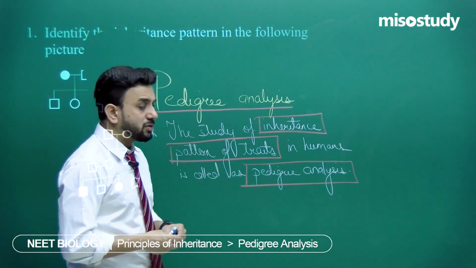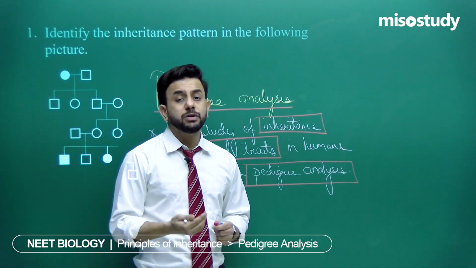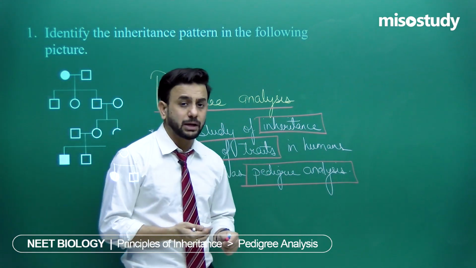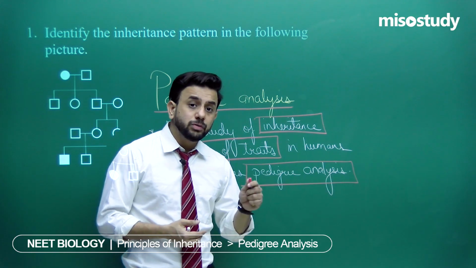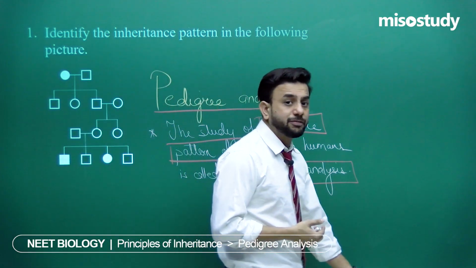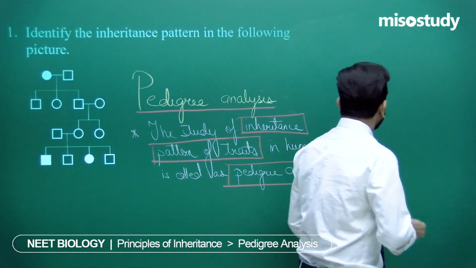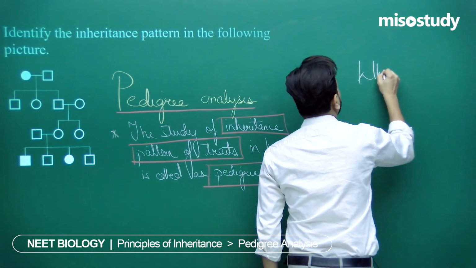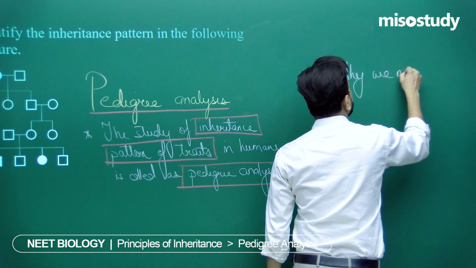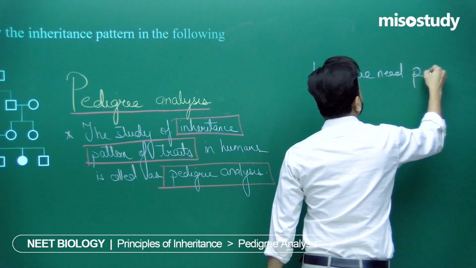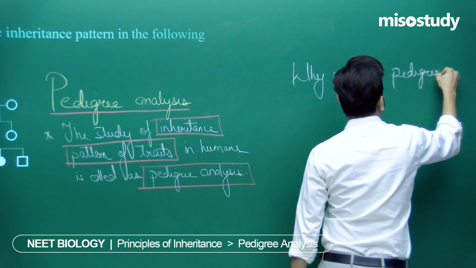What else? Why do we need to study human traits in such a systematic manner? Why do we need this? Come back, we'll see a few lines about this. Why we need pedigree analysis.